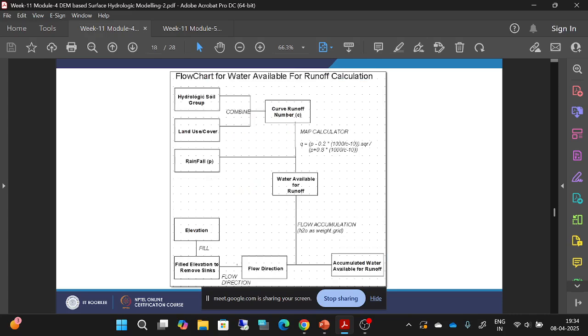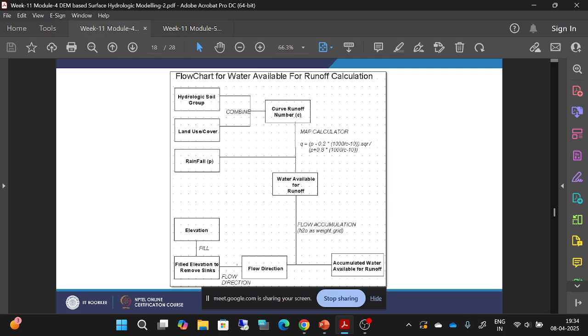So here we have a flow chart regarding calculating the water availability for runoff. You have to bring in the hydrological soil groups as one of the inputs, because that's how the soil retains the water, right? So depending on the soil type, that is going to change.